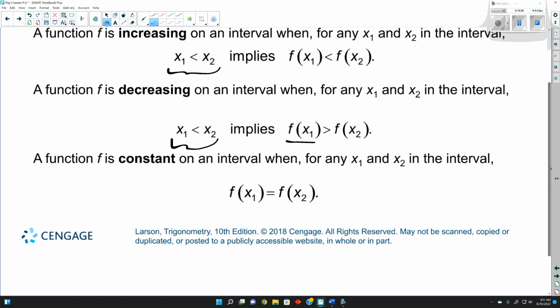And these points, especially where it changes from increasing to decreasing, are what they call a turning point. Again, it kind of makes sense because it's turning from increasing to decreasing. To go from one to the other, it's got to turn.